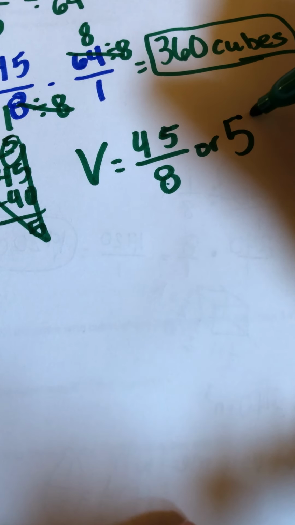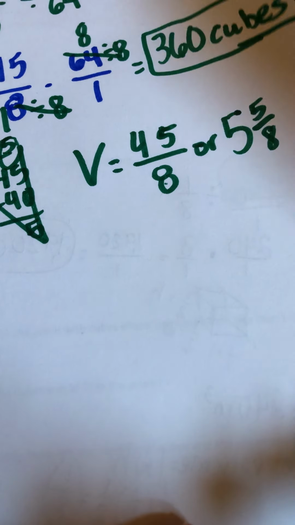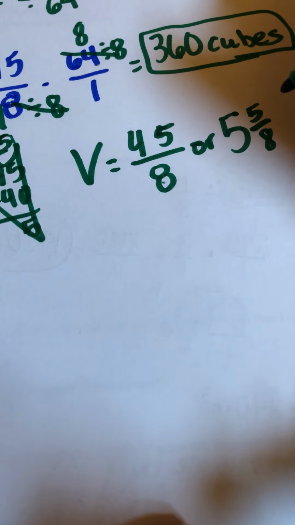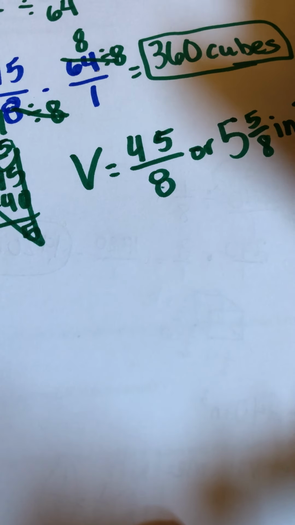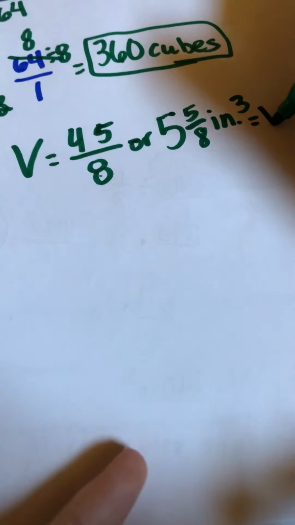Or if you need to do it on the side, you can. 8 can go into 45 5 times, which is 40, which is 5 and 5/8. 5 and 5/8 inches cubed equals the volume.